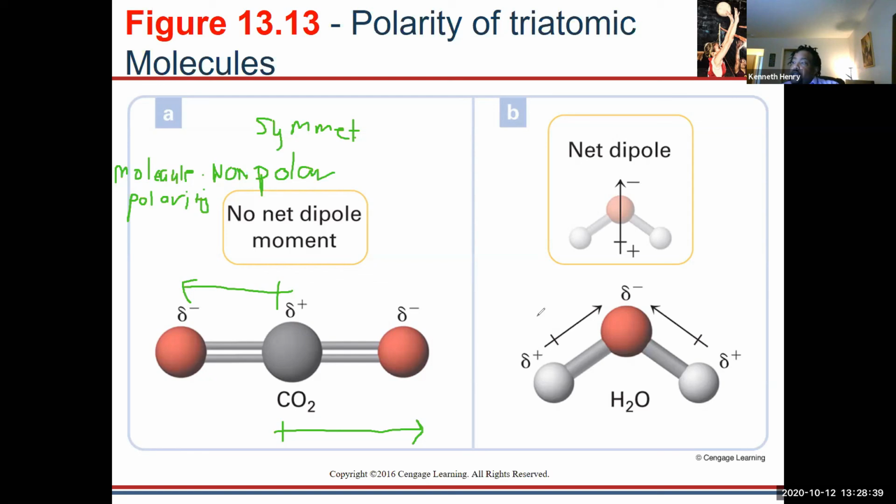Okay. So now, since you have two arrows that are going towards oxygen from the hydrogens, is the molecule going to be polar or nonpolar? Is it going to be symmetrical or asymmetrical? It's going to be polar and asymmetrical. That is correct.